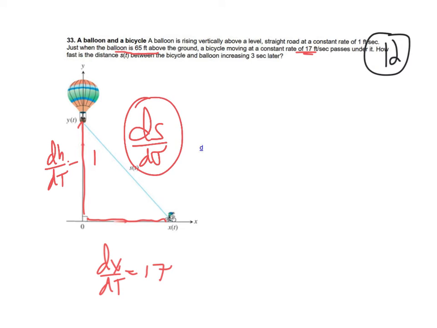So what do we have here? Well, I don't see anything but angles. I just see a right triangle. So if this is x and this is h and this is s, I can say s squared equals h squared plus x squared. And now let's do some derivatives.